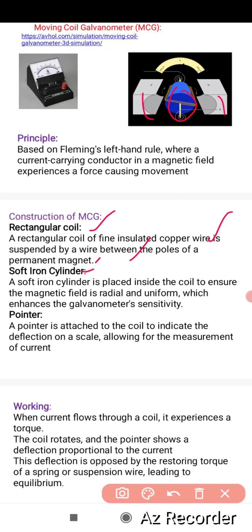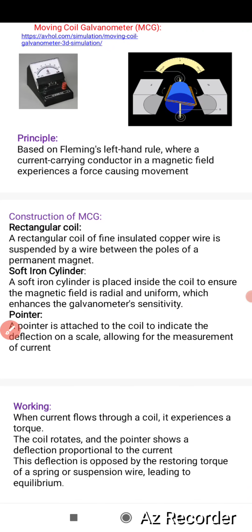A soft iron cylinder is placed inside the coil, ensuring the magnetic field is radial and uniform, which enhances the galvanometer sensitivity. A pointer is attached to the coil, allowing for measuring current. You have already seen how it works.